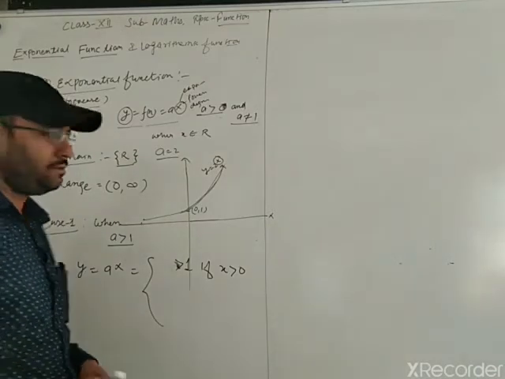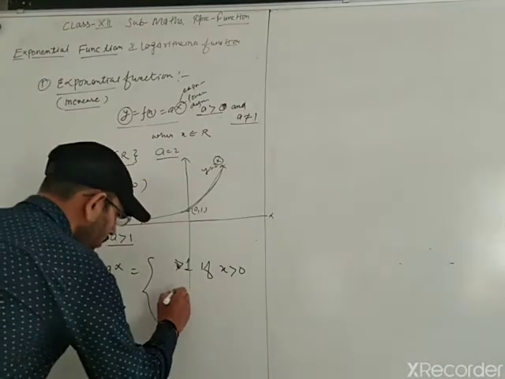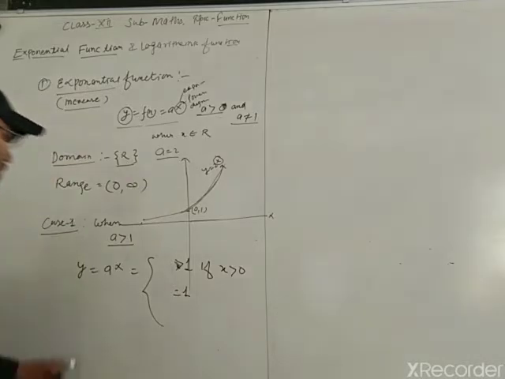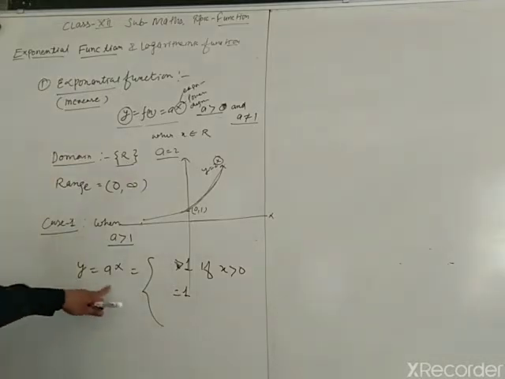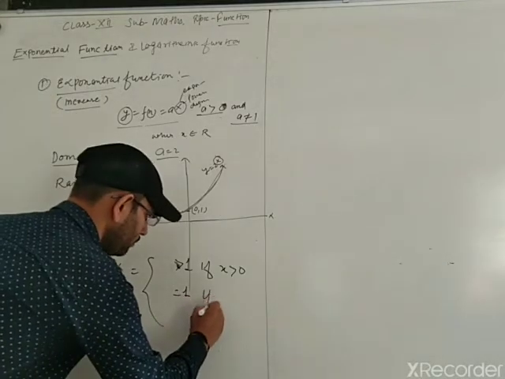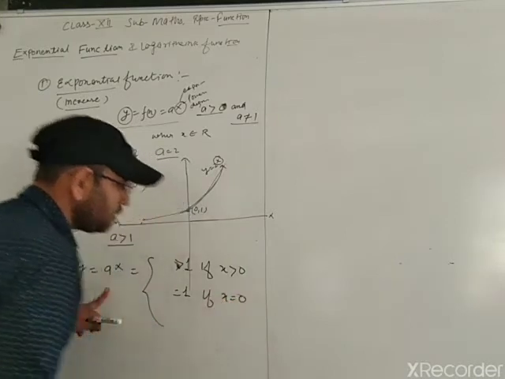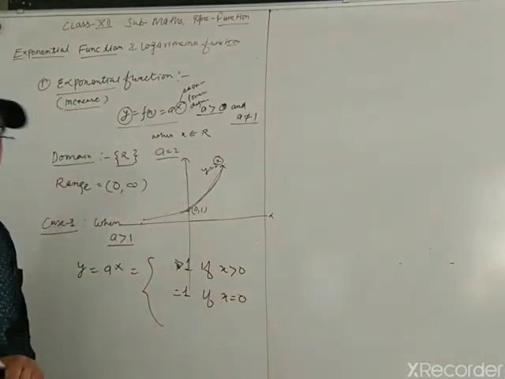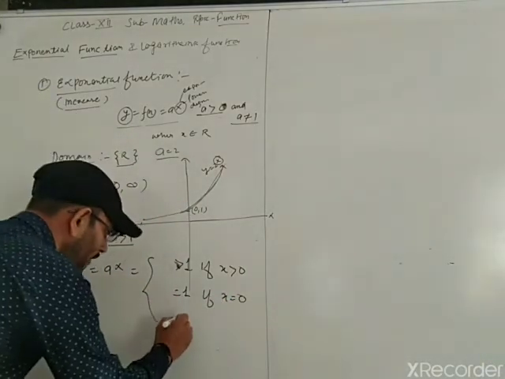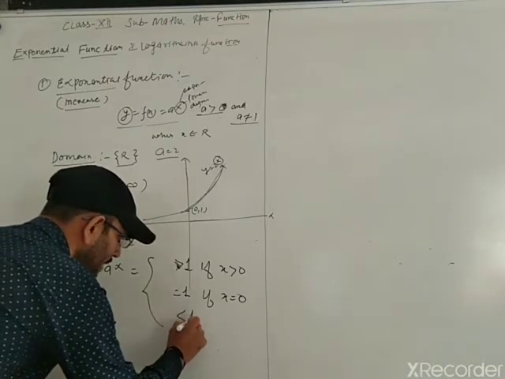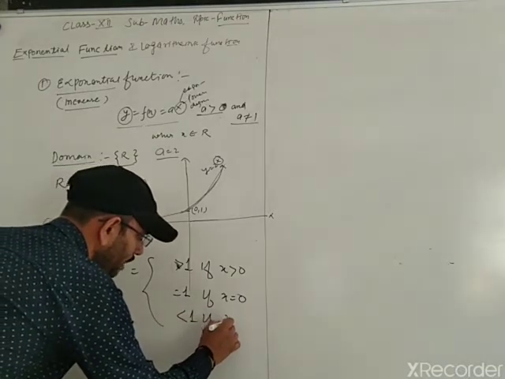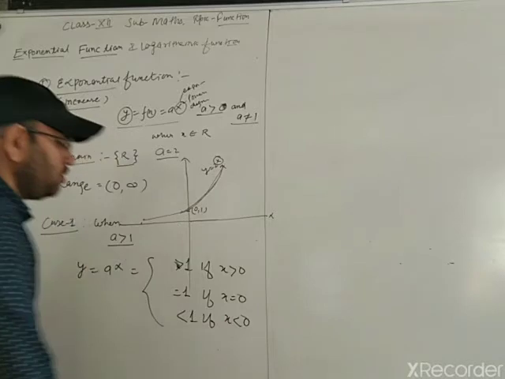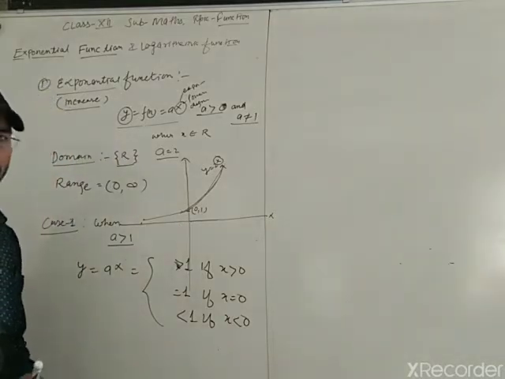I explain it. The value of y is equal to 1 if x is equal to 0. Clear? And the value of y is less than 1 if the value of x is less than 0. Clear?